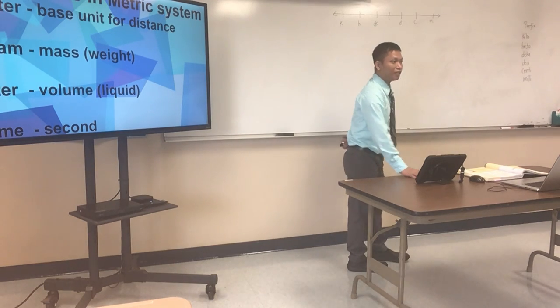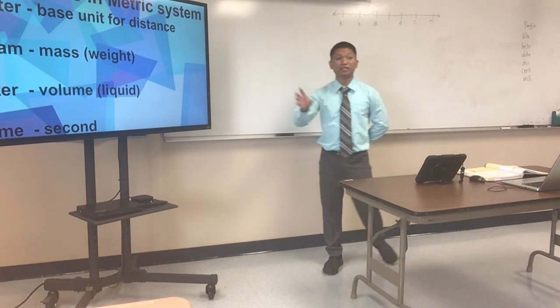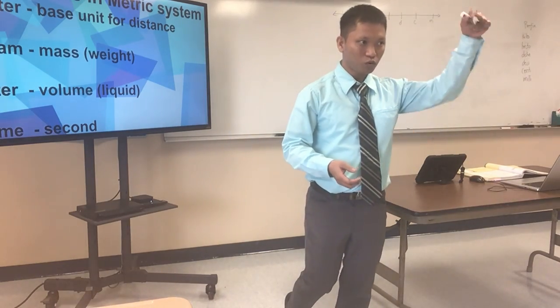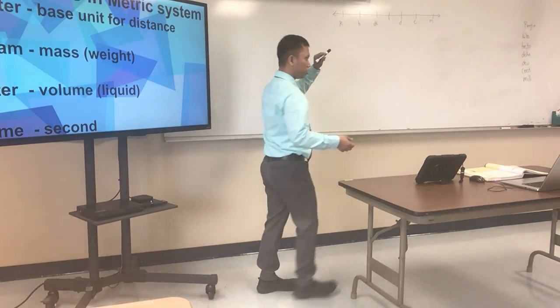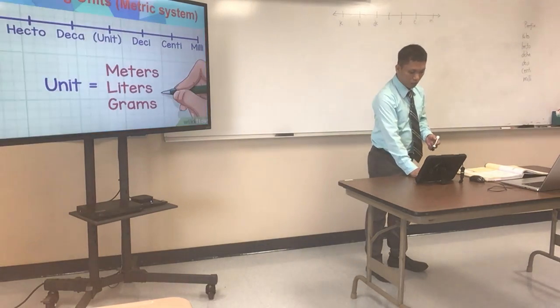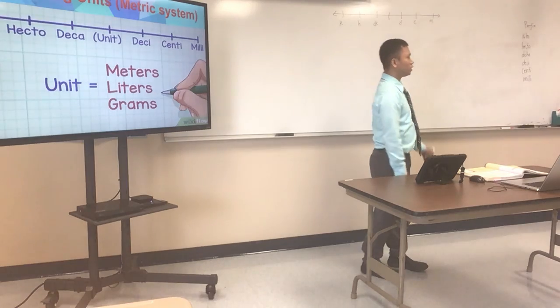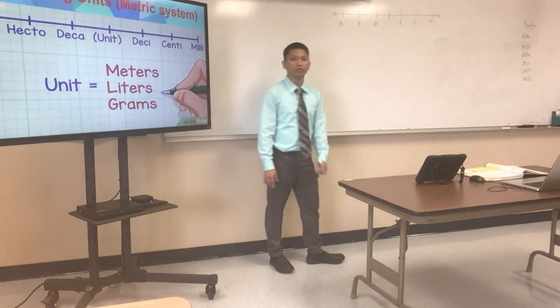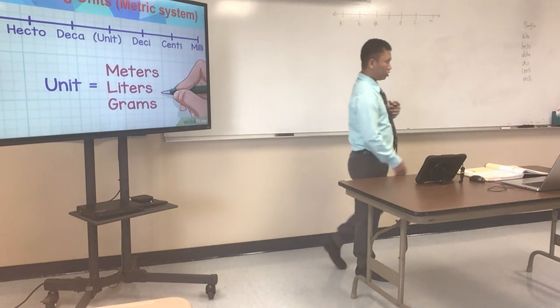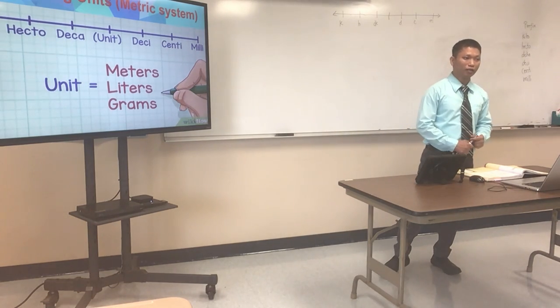So the metric system of measurement is base 10. That is the reason why it is very easy to convert from one unit to another. We can use the number line in converting from one unit to another in the metric system.